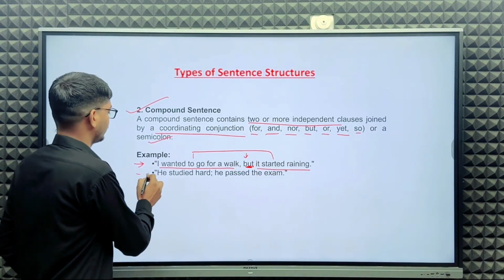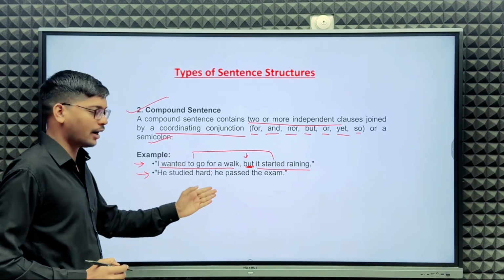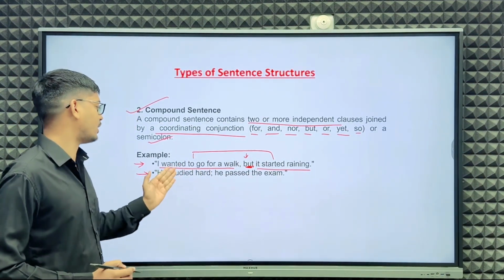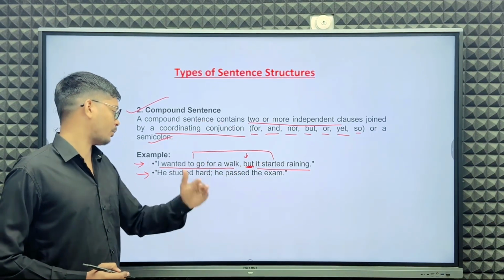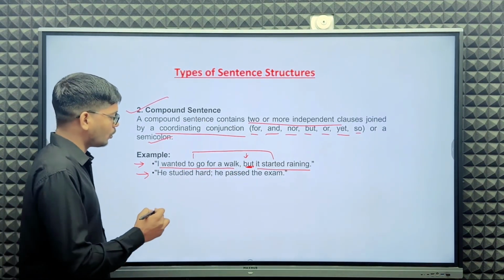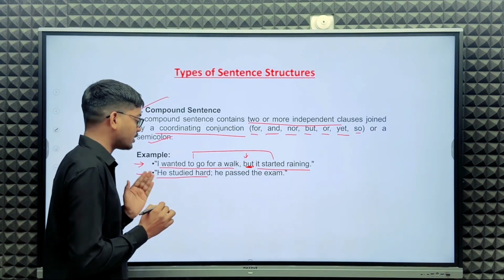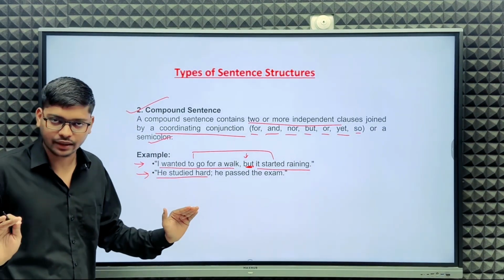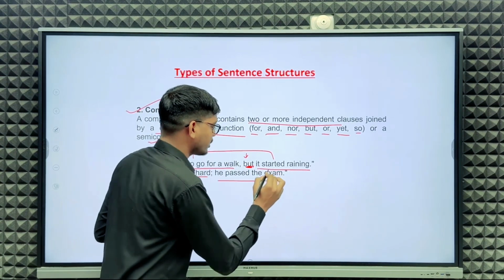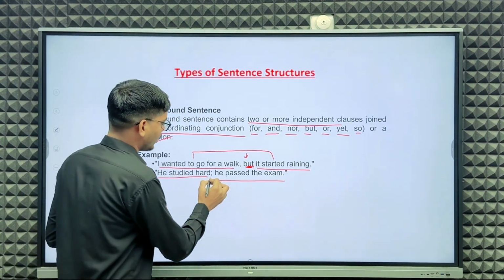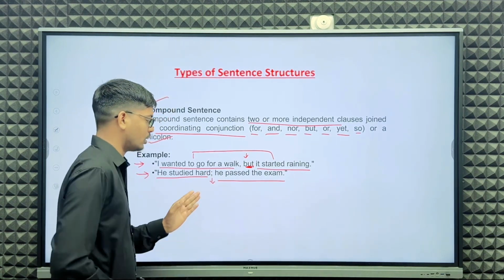Next example: He studied hard; he passed the exam. The first clause, he studied hard, is an independent clause, and so is he passed the exam. They are joined by a semicolon.